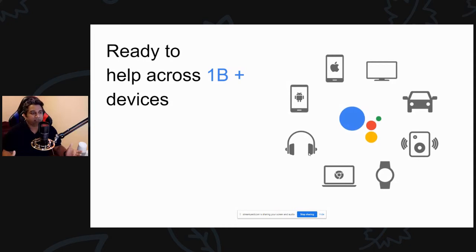And with all of this development over the years, how does that help us as developers? We can quickly build applications, or in this case, actions. And I'll tell you why we call it actions. We can build actions for the Google Assistant to extend, let's say, you have a mobile application, you have a business, you have something that's already out there, you would like to extend that and have that accessible across 1 billion plus devices. Today's session would help you understand how to get there.